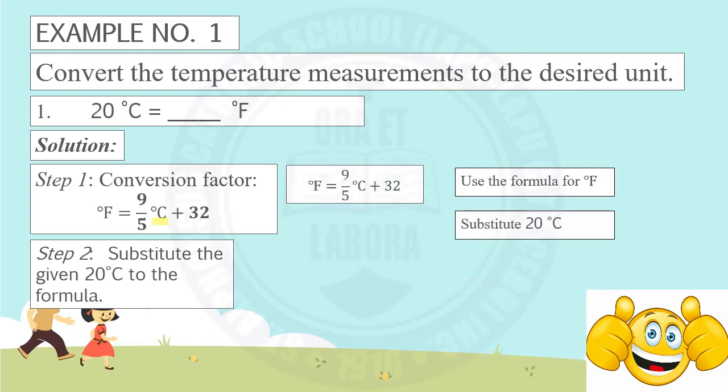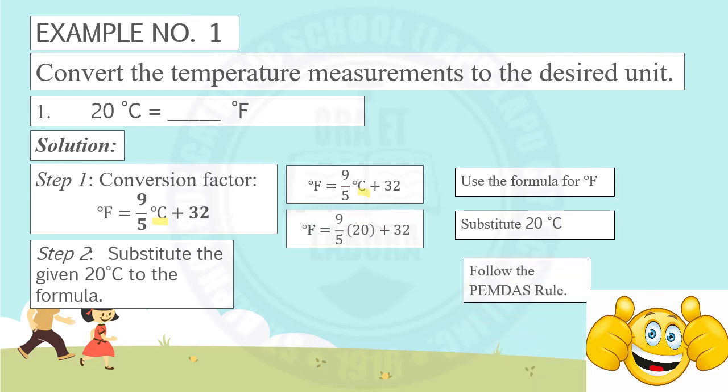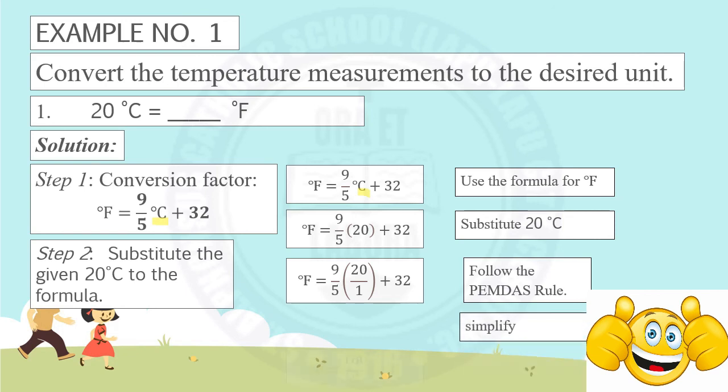The second step, substitute 20 degrees Celsius. So we will substitute, and that is in multiplication. Step 3, follow the PEMDAS rule. 20 over 1. So 9 times 20 is 180. 5 times 1 is 5, plus 32.